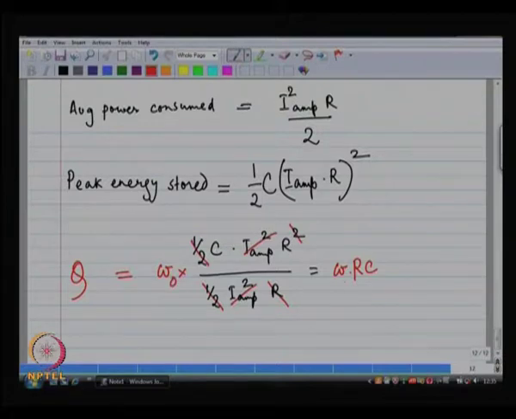So, at the resonant frequency, this is omega 0, which makes it R C by square root of L C, and that is equal to R by square root of L by C. All right. So, this is the quality factor.